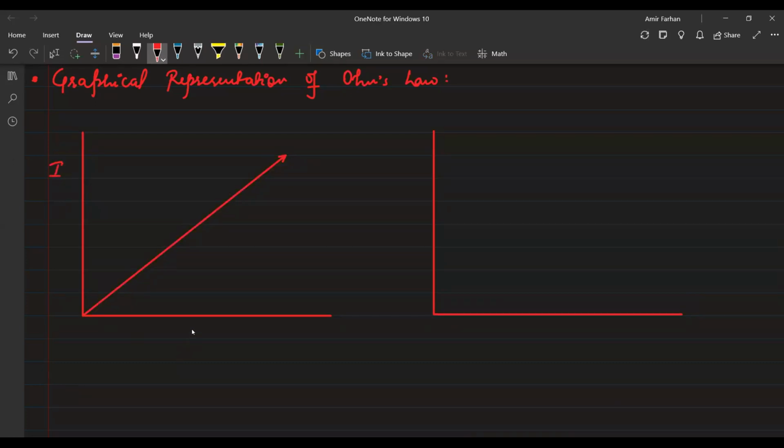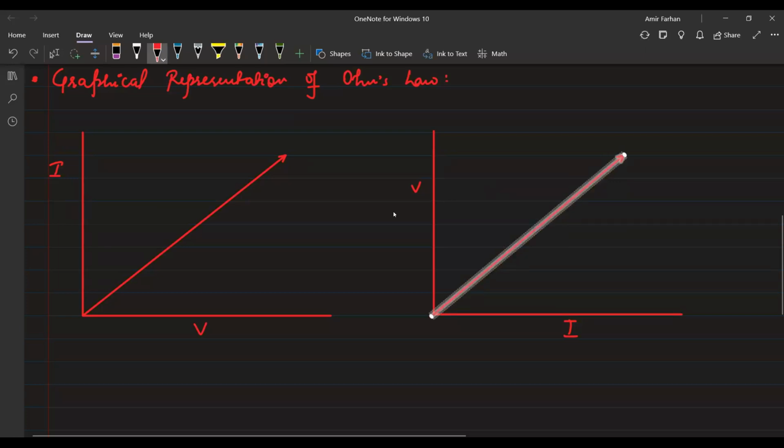In this case, you are taking I as the y-axis and V as the x-axis. Clear, everybody? And in the other case, you are taking V as the y-axis and I as the x-axis. This will also be a straight line. So let's see what the differences are between these two graphs.